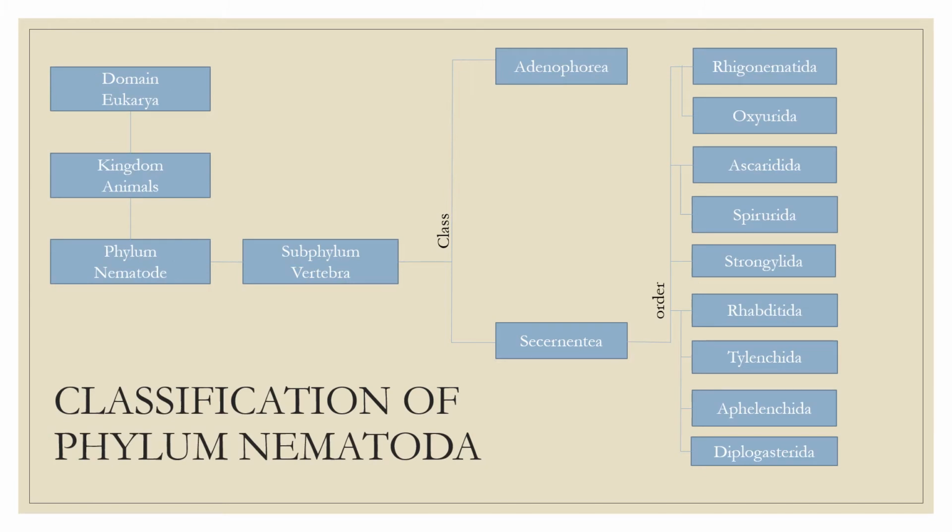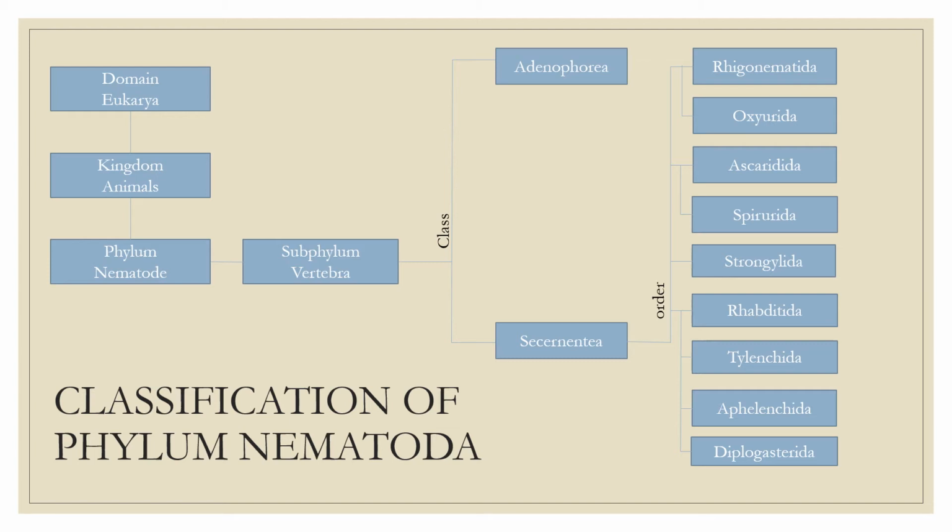Okay, next, the classification of phylum Nematoda in the taxonomy chart. The first one is the domain Eukarya, then the kingdom Animalia, and the phylum Nematoda, and then the subphylum. We have divided into two classes.